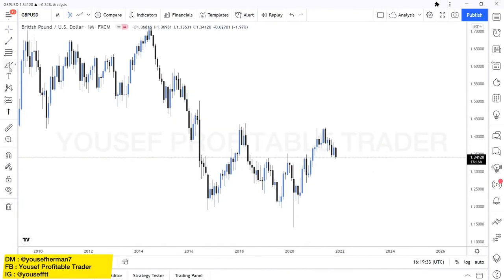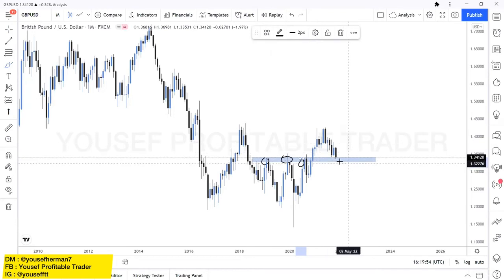As you can see on the monthly time frame, we can identify a strong resistance that became a support level. Here you can see resistance, resistance, and then it got broken, and now price is here again. So here we have one possible rejection to the upside, which reacts as support.